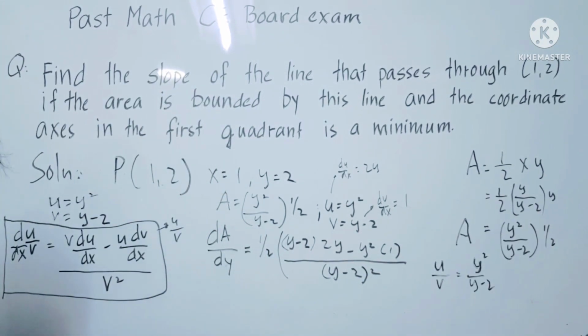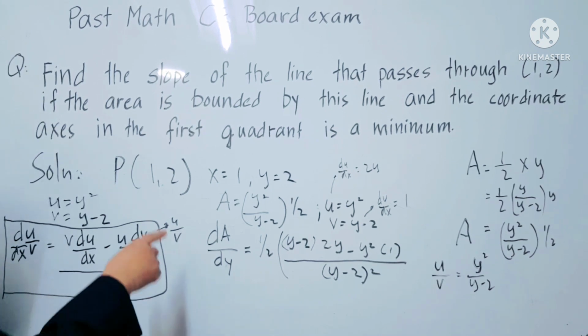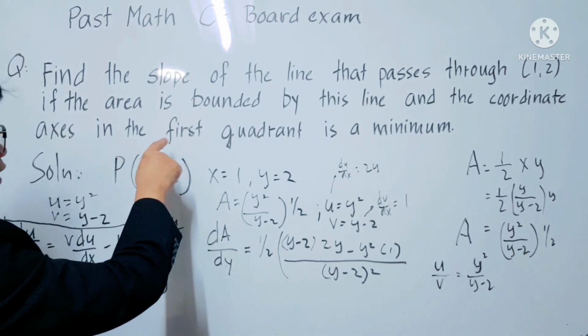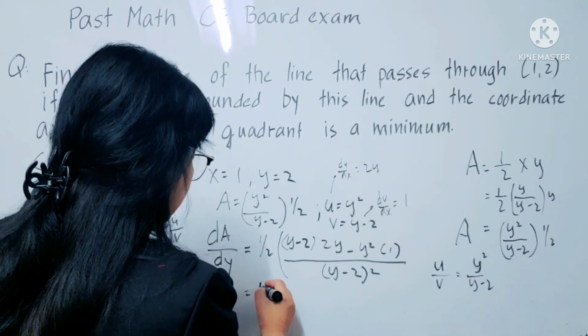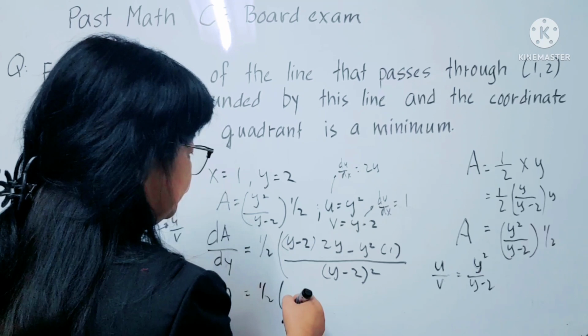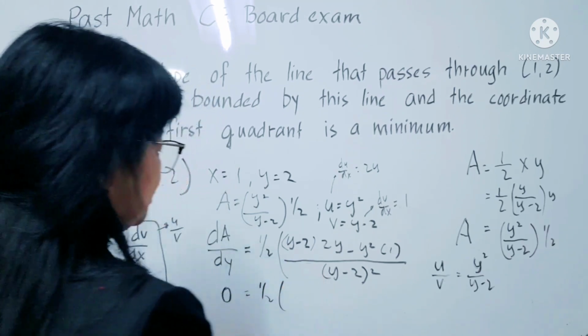Now here, because it says that the area in the first quadrant is a minimum, so 1/2 times y minus 2y.